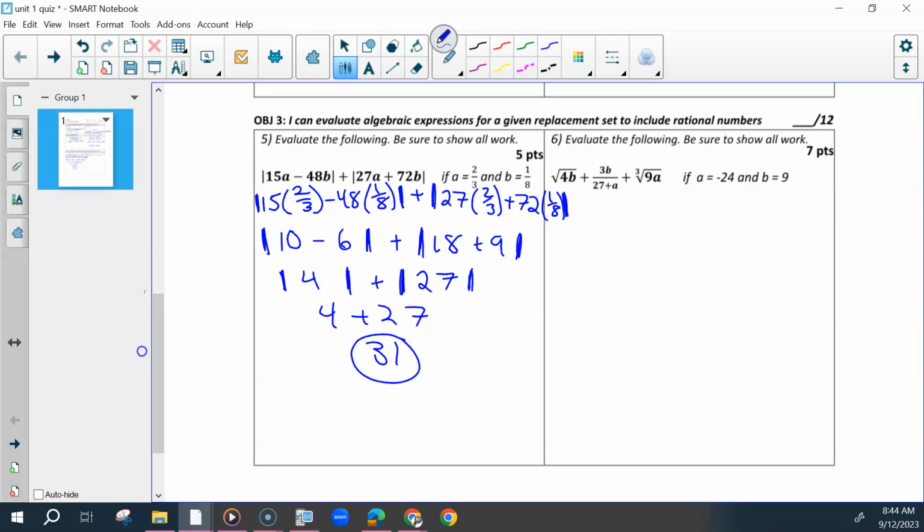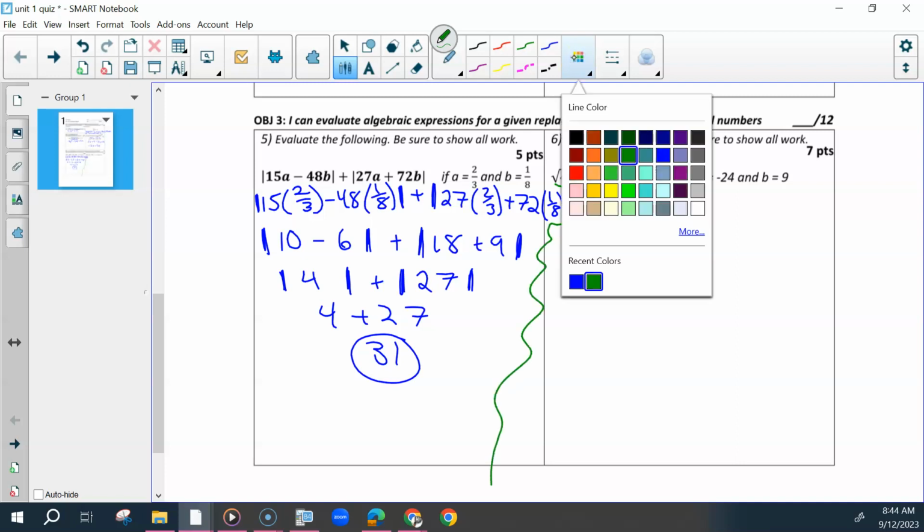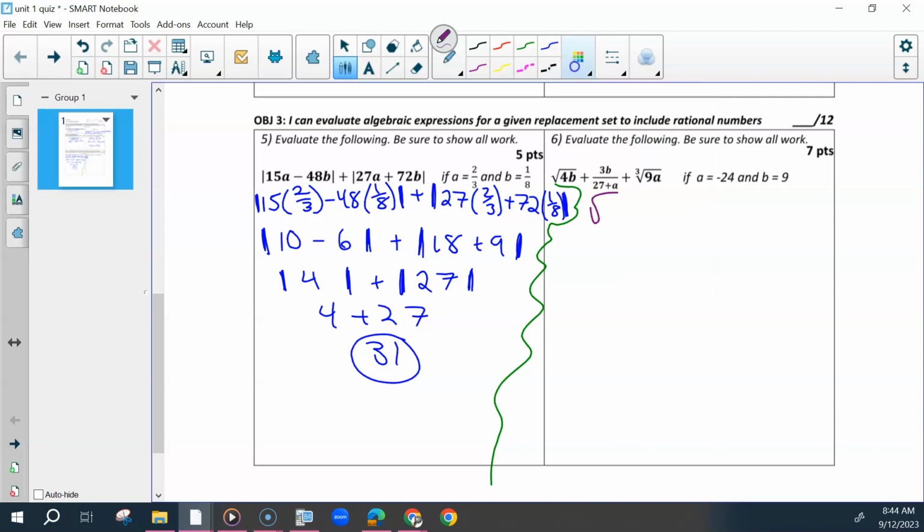And then 6 was very similar. Make sure you have everything put in. Start to simplify individually.